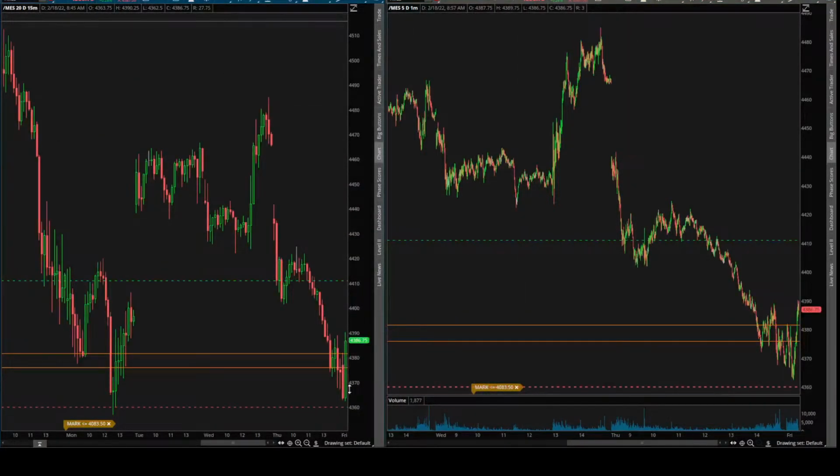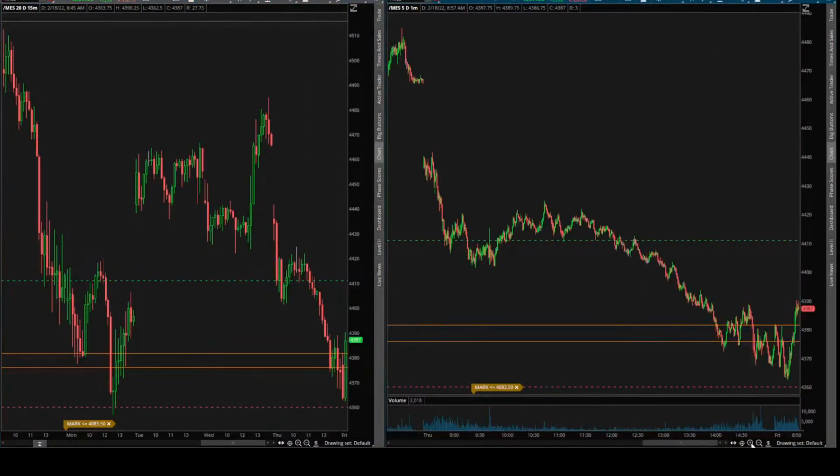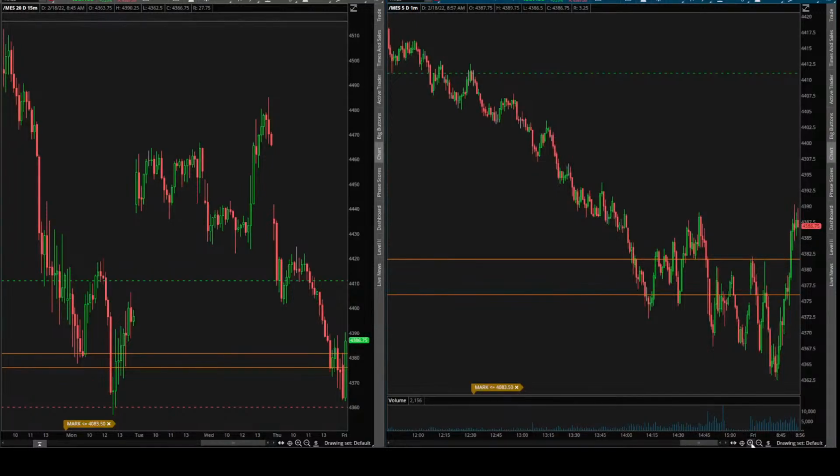All right. Kind of a telling bar here on the 15-minute. Came down, got up higher above opening range. Looking strong.